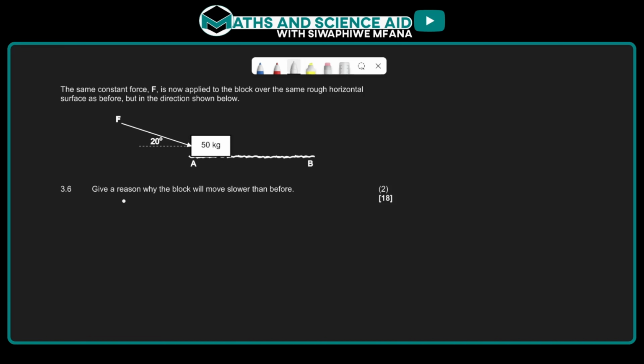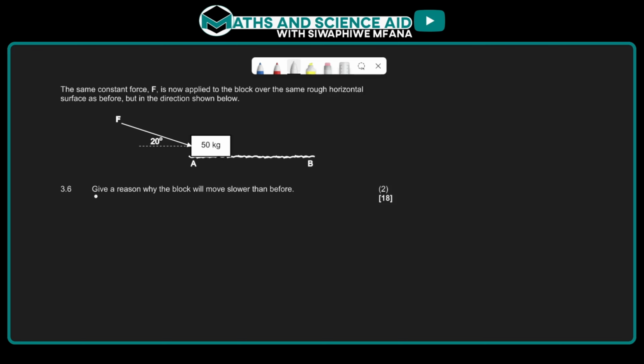And now the last part of this question says the same constant force F is now applied to the block over the same rough horizontal surfaces before, but in the direction that is shown in this diagram. And so this time around, this is how this force is being applied. And it's still at an angle of 20 degrees to the horizontal.